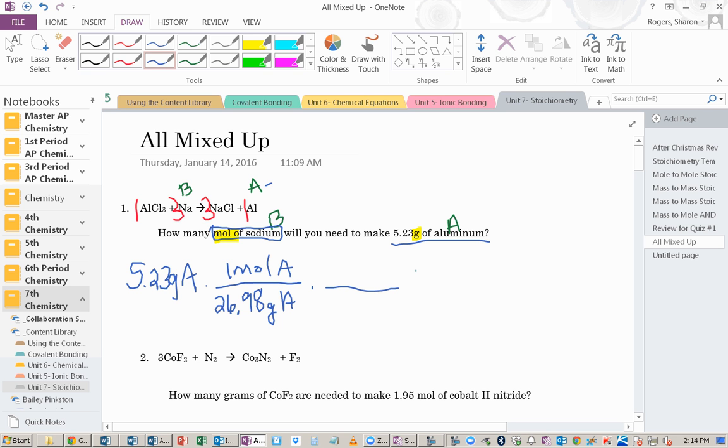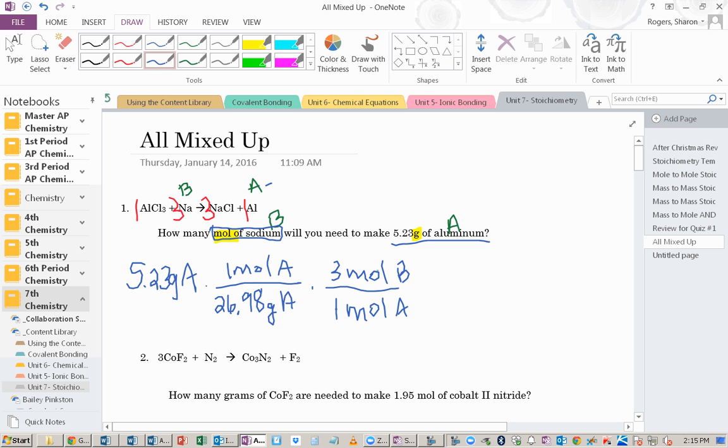What's the next step? Mole to mole. So for every 1 mole of A, that's equal to 3 moles of B. Do I stop here? I don't.